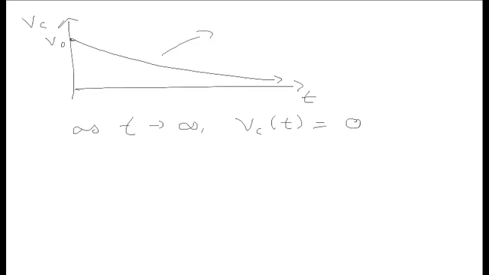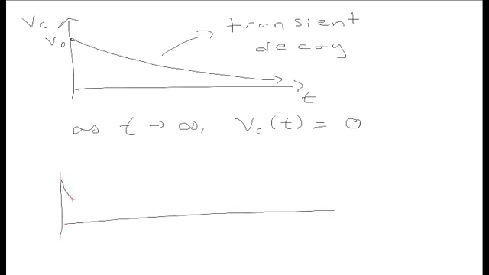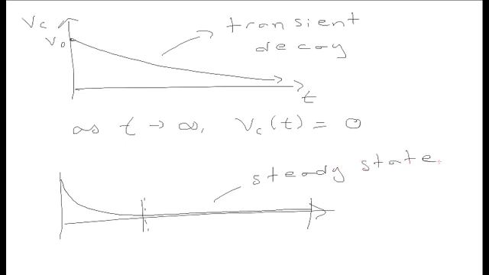This part here is a transient decay. If we plot this now on a very, very long time scale, we might see it decaying and then essentially being 0 for the rest of time. This part here, where things aren't really changing much, is the steady state. In this case, our steady state is 0.